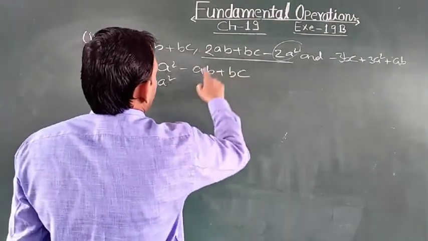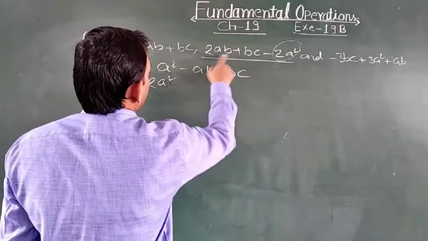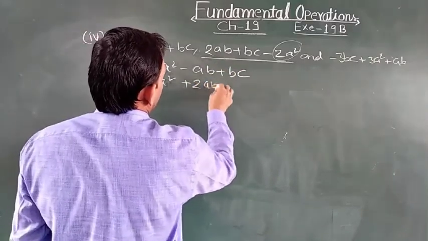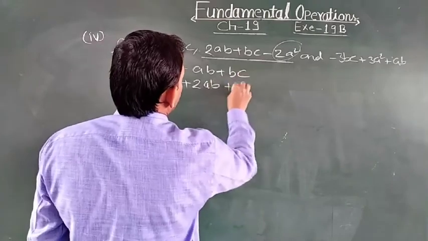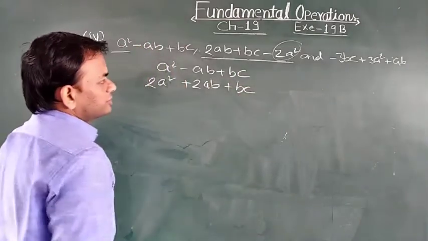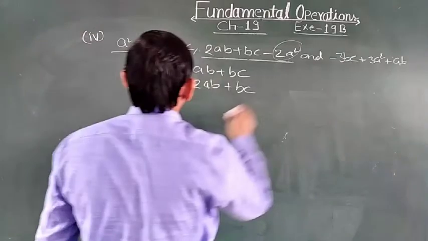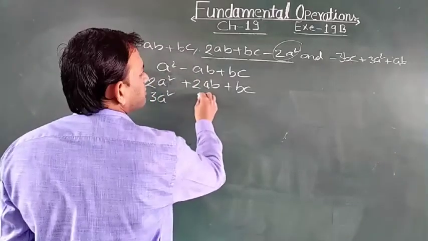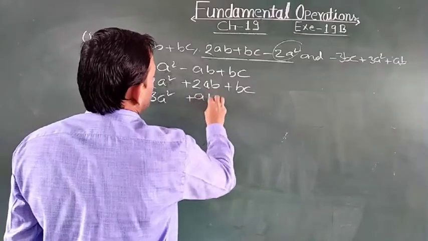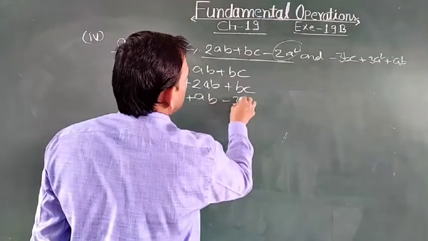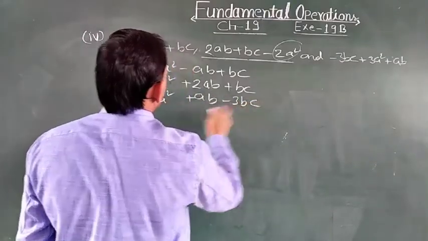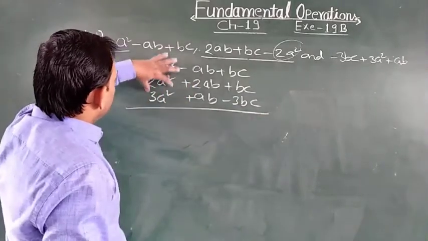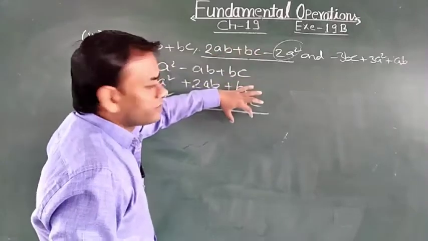Okay, now ab, this is the ab and ab, both are like terms, so we will write it here 2ab, okay, and plus bc below the bc. Now the last term we will write 3a square, and then after we will write the plus ab and minus 3bc. Okay, now we will add it. Now you can see here, these are all like terms.